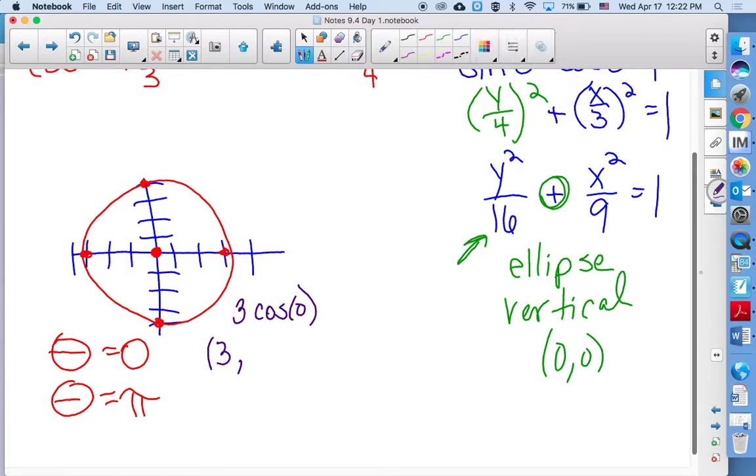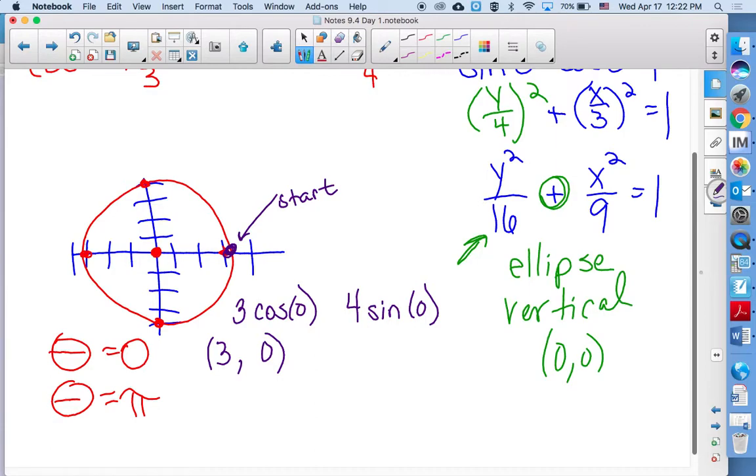The other one says 4 times the sine of 0. Katie, what's the sine of 0? 0. So then I have a point at (3, 0). That's my first point. So this is where my graph would be starting if I started at the angle of 0 on the unit circle.